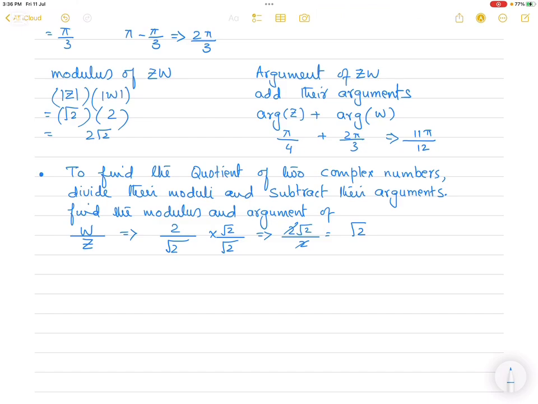This is the modulus of W over Z. For argument, we have to subtract their arguments. So we can write arg of W minus arg of Z. Argument of W we found out was 2 pi by 3 minus argument of Z, which was pi by 4, and this gives us the result 5 pi by 12.